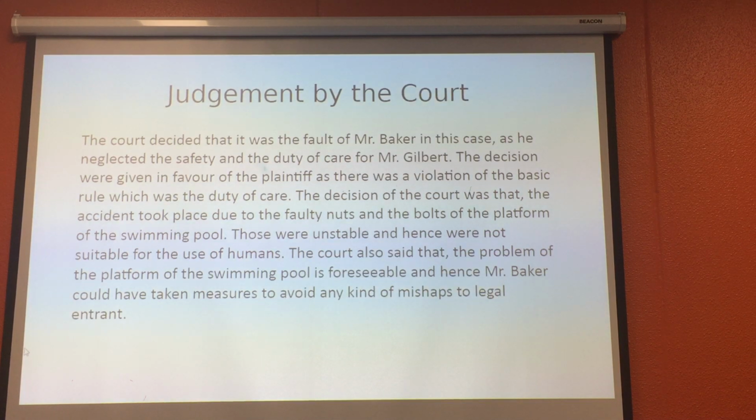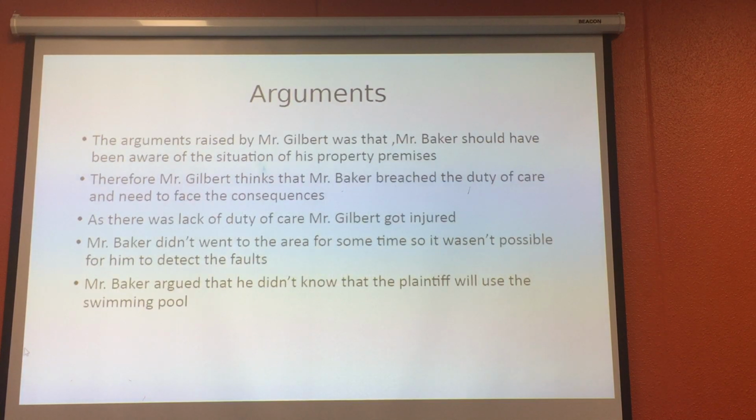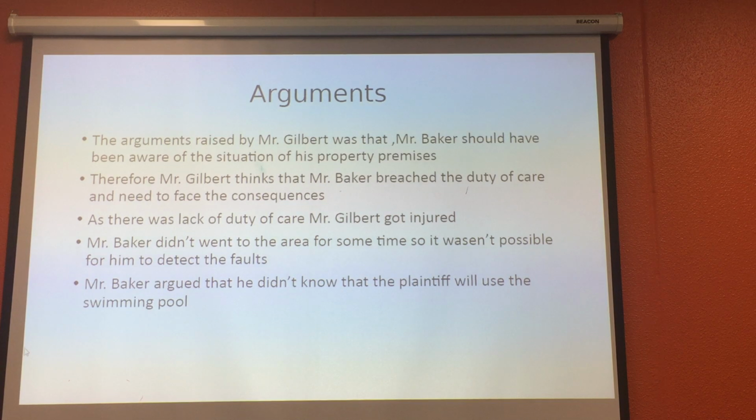On the other hand, there was an argument from the side of the defendant. He was not aware of the fault that was there in the swimming pool. He did not go to that area for quite some time to check the swimming pool, for example for maintenance work or something like that.